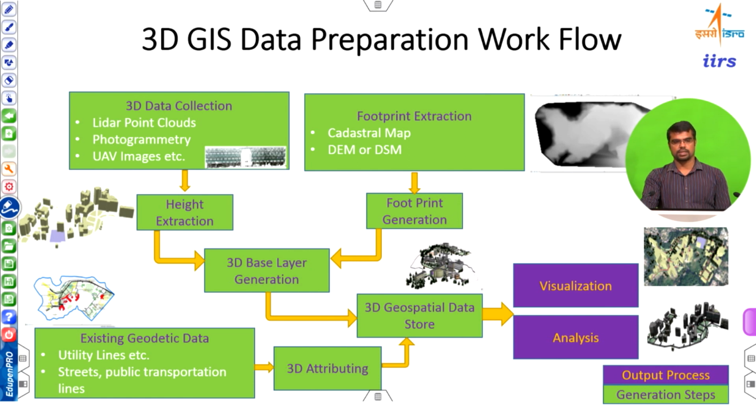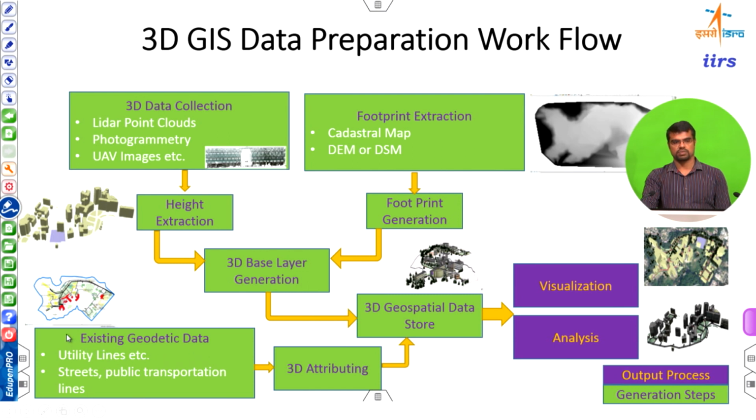And this 3D base layer actually helps in linking all the 3D datasets and the corresponding footprint. What we see over here is different buildings being created, and that can be stored in 3D geospatial datasets. The corresponding attributes of different layers can be created from the existing datasets.